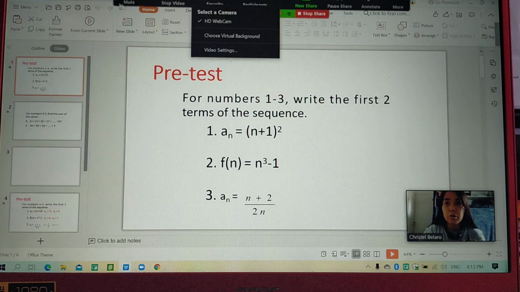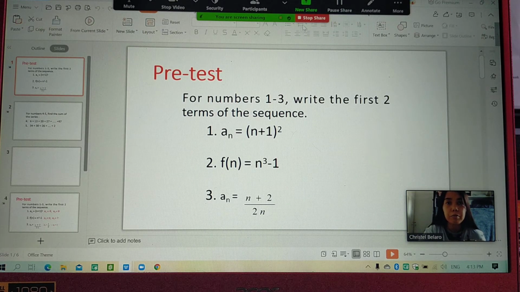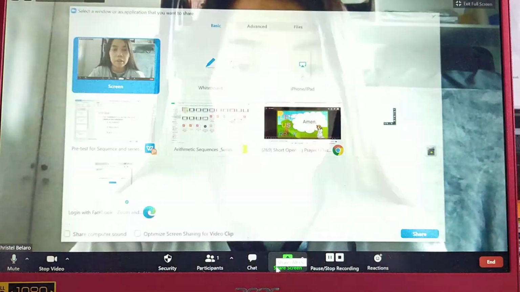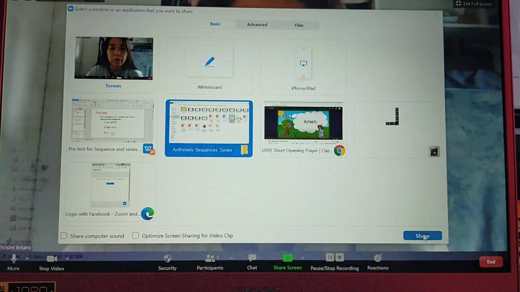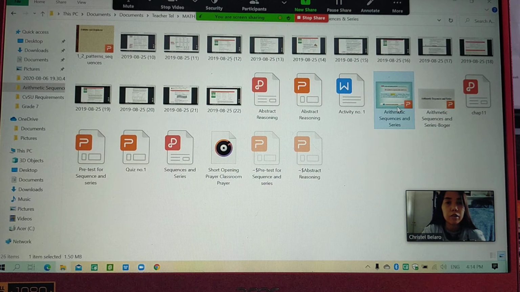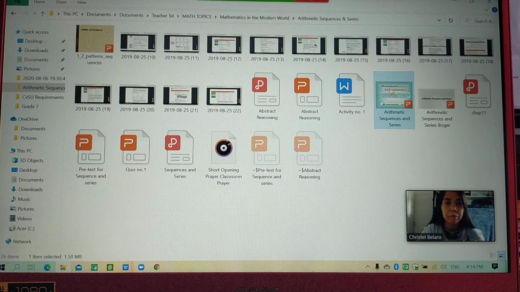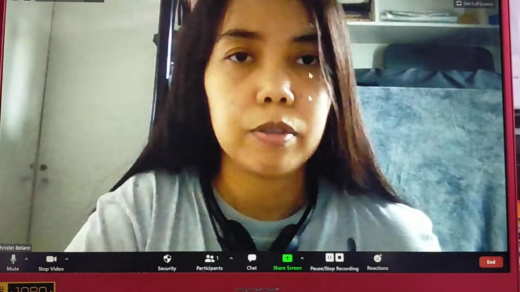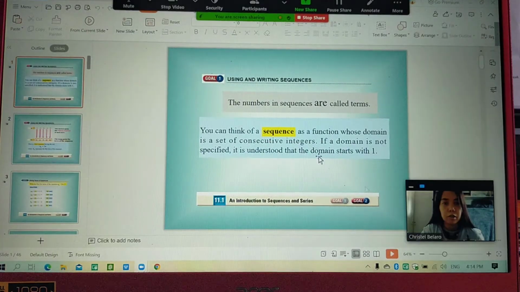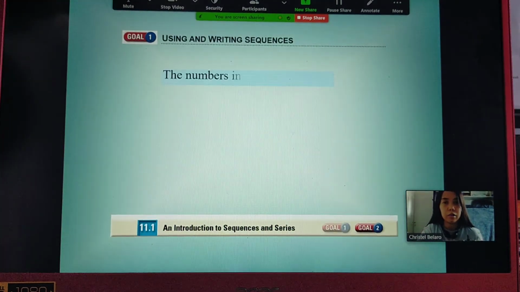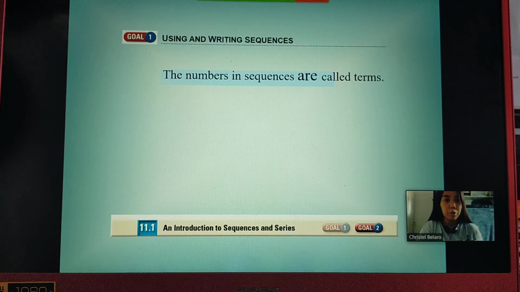Okay, so let's go back to our discussion again. The numbers in a sequence are called terms. So in number 1, what is our answer in the previous?